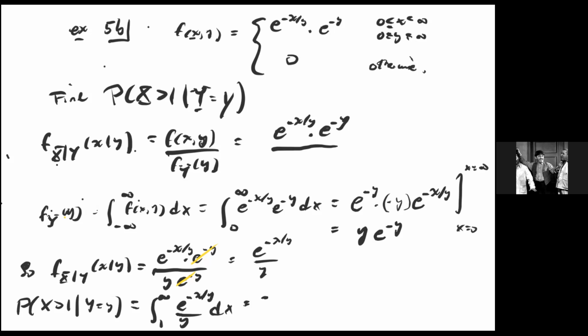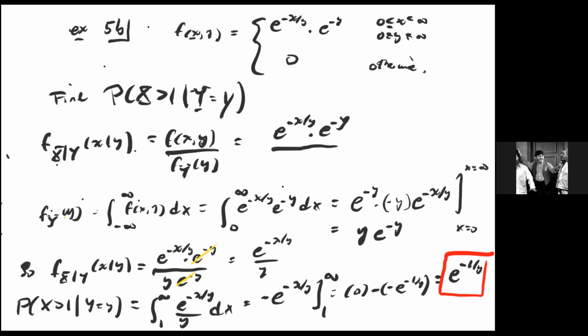This is minus e to the minus x over y evaluated from 1 to infinity. If you evaluate it at infinity, you get 0. And if you evaluate it at 1, you get negative e to the minus 1 over y, so the result is e to the minus 1 over y, and that is the final answer.